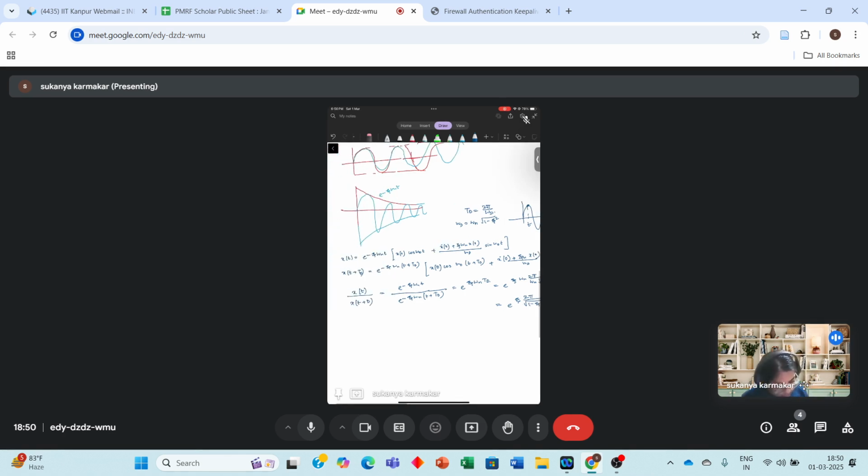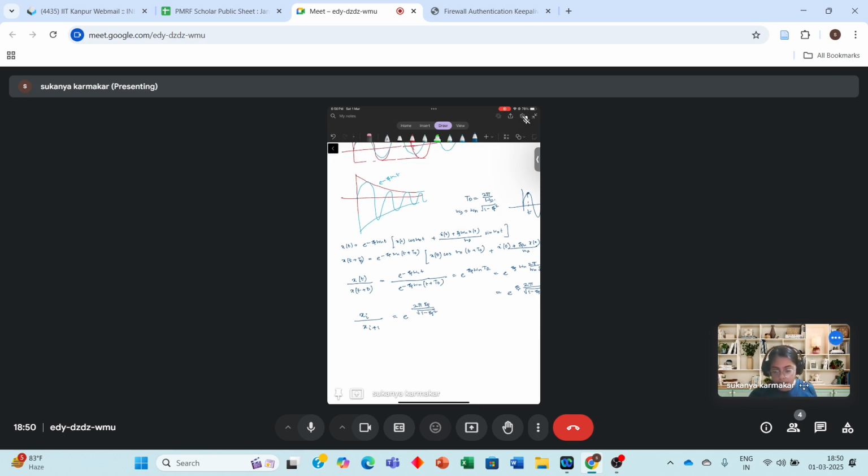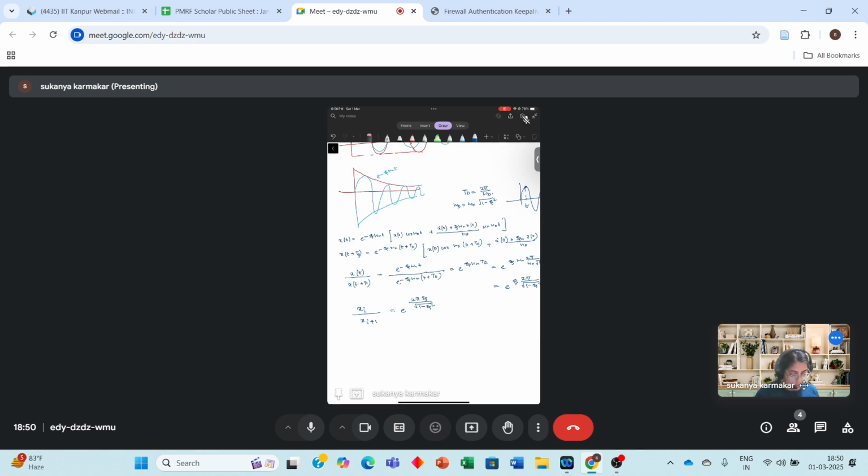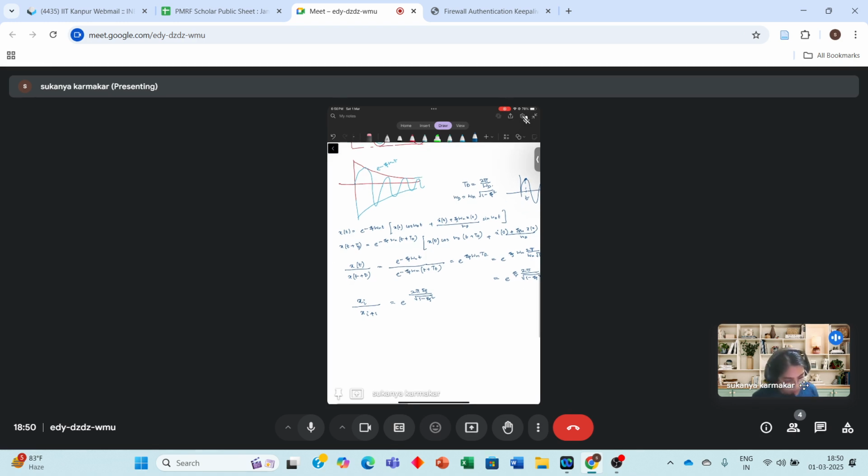So what we get is x at i by x at i plus 1 is equal to e to the power 2 pi zeta by under root of 1 minus zeta square. Is this expression okay? Yes. So let's take logarithm to the base e on both sides.